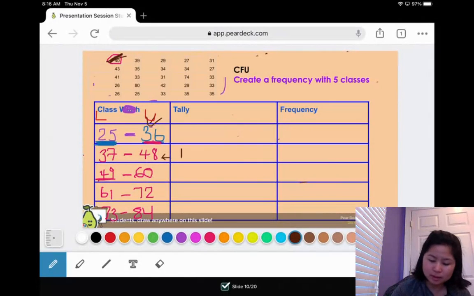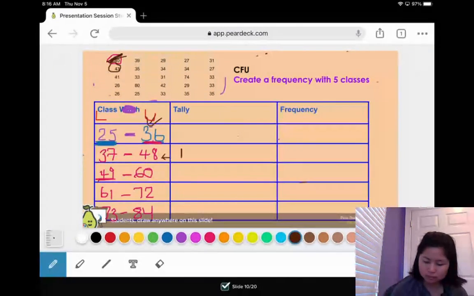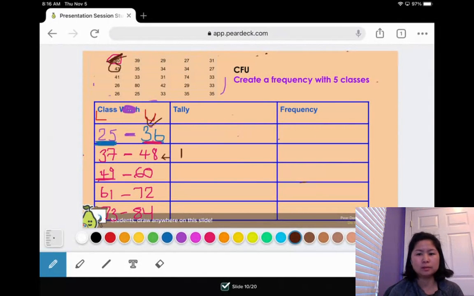Then I will move on to the next number, which is 43. Okay, let's look at 43. Which class does 43 belong to? Can someone tell me? Is this the first, the second, the third, the fourth, or the fifth class? 43. Where does that belong? The second.